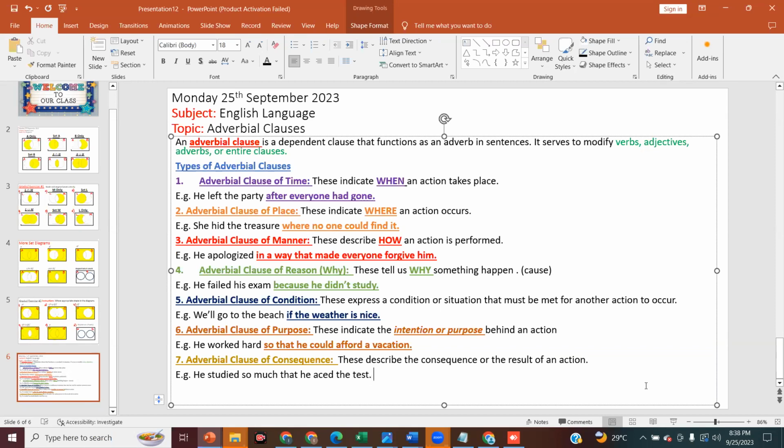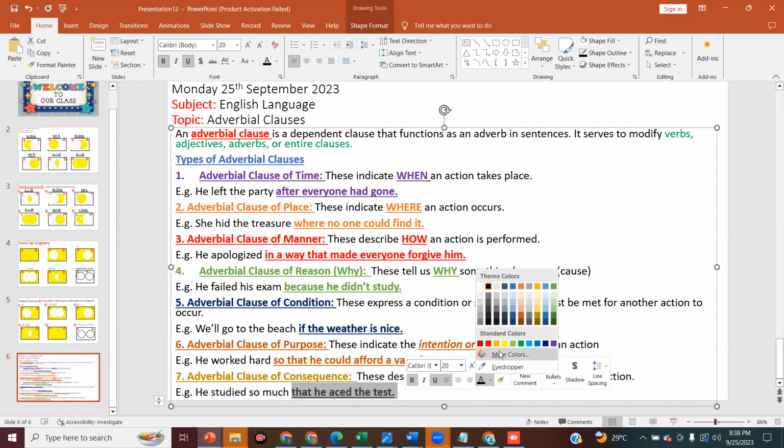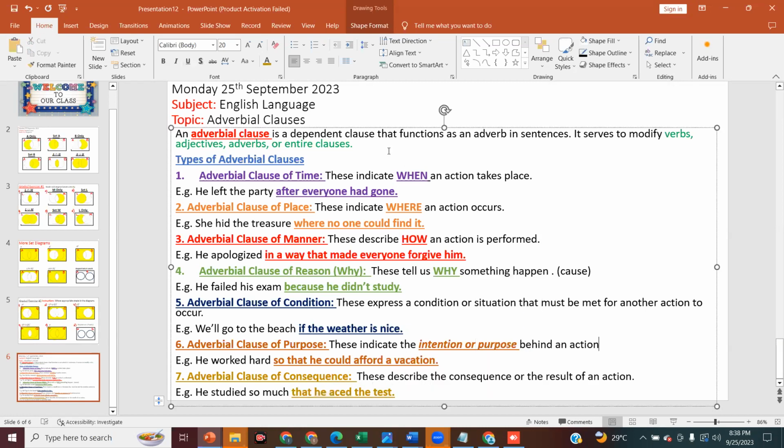He studied so much that he aced the test. What is the adverbial clause of consequence? "That he aced the test." That's the result. That's the result of him studying so hard.